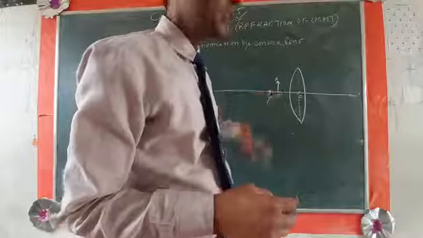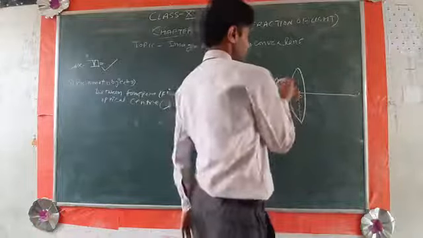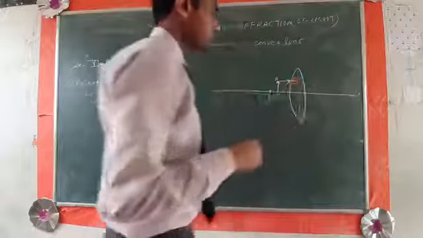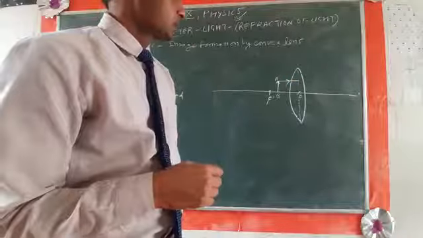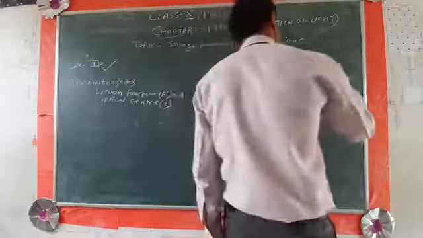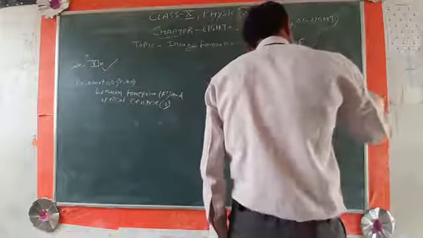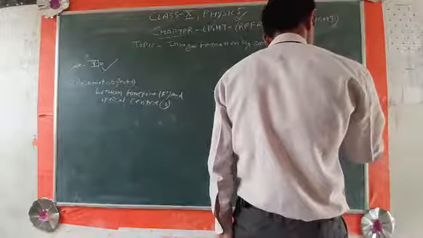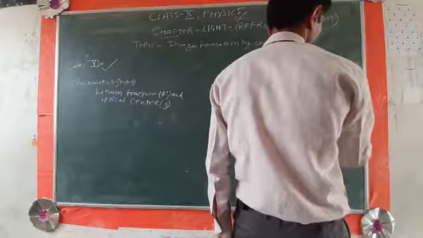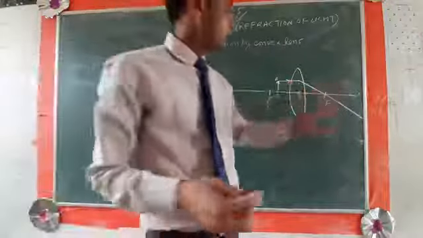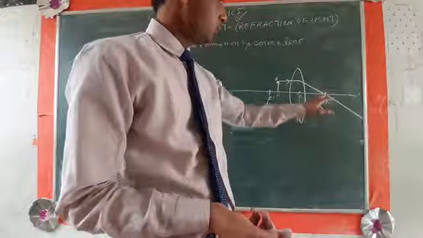A ray of light starts from point A and travels parallel to the principal axis. Then refraction will take place, and after refraction, the ray of light passes through the second focus point, that is F.